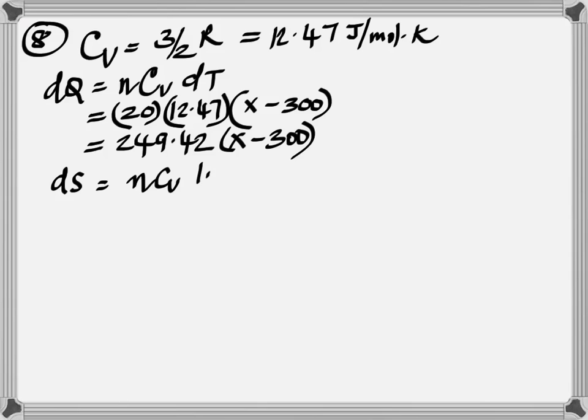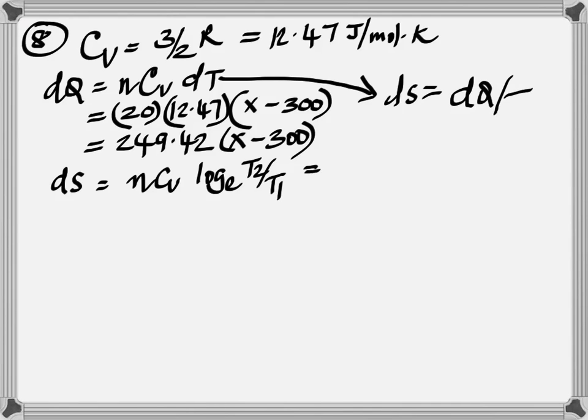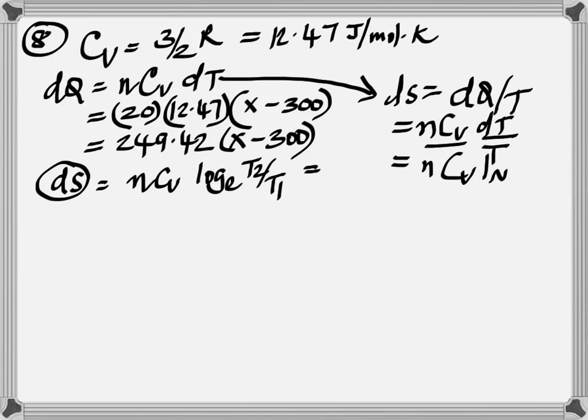So dS is dQ by T, and that is n Cv natural log T2 by T1. Well, I'm just trying to show you how you get that formula when you integrate.